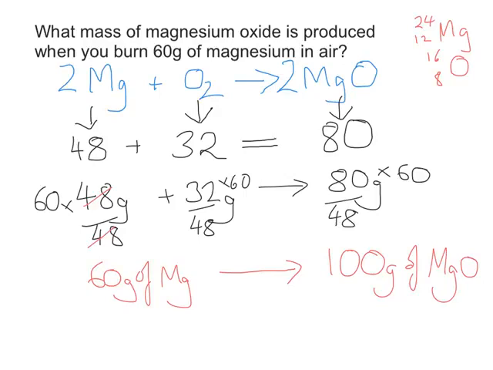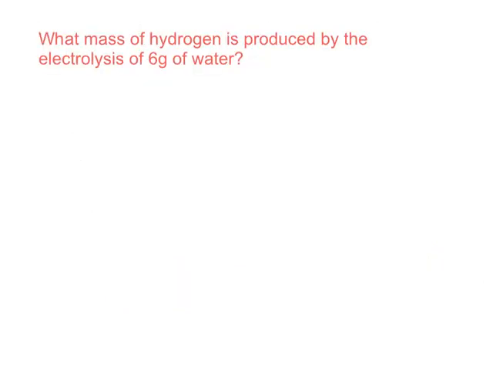We'll do another example. For this next example, what mass of hydrogen is produced by electrolysis of 6 grams of water? The first step is always to give yourself a balanced symbol equation. You probably haven't come across this idea yet, but when you run electricity through water, it will produce hydrogen and oxygen gas.